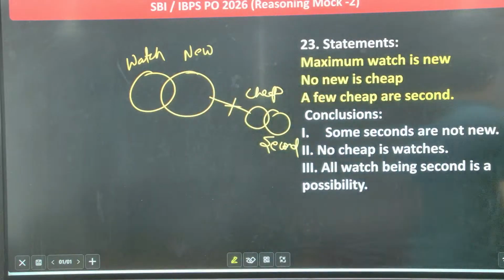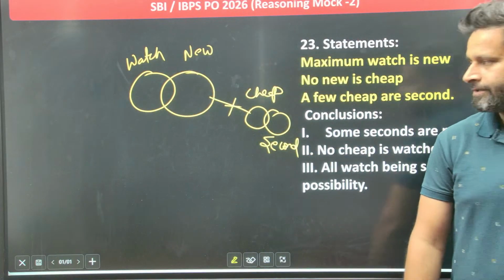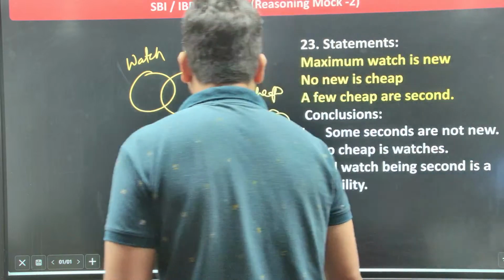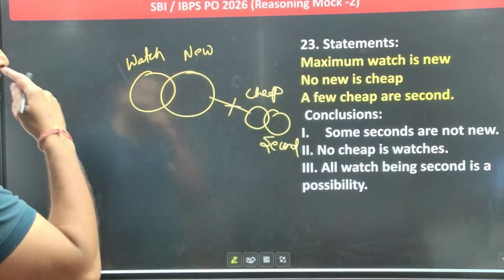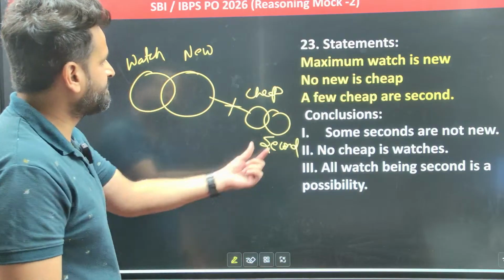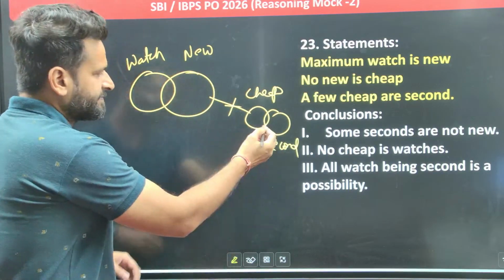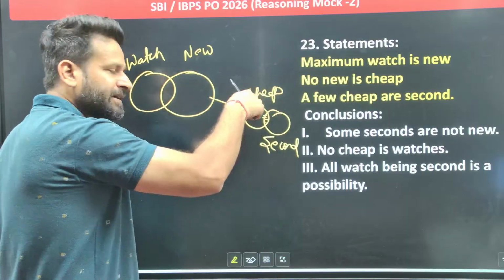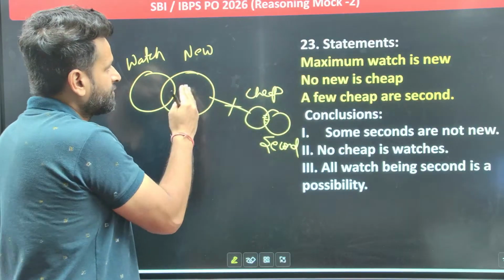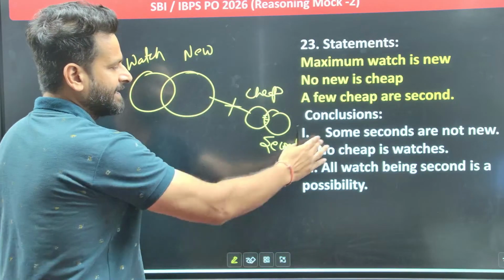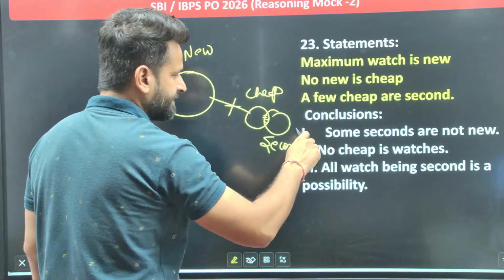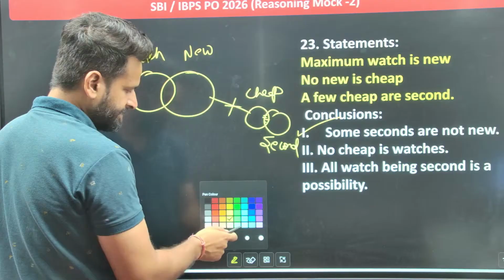Check this out. What will be the answer? Some seconds are not new. Can you say this for sure? Some seconds are not new. Of course, you can say, right? This much part of second which is overlapping with cheap will not go to new. So I can say that some seconds are not new. This one is right.